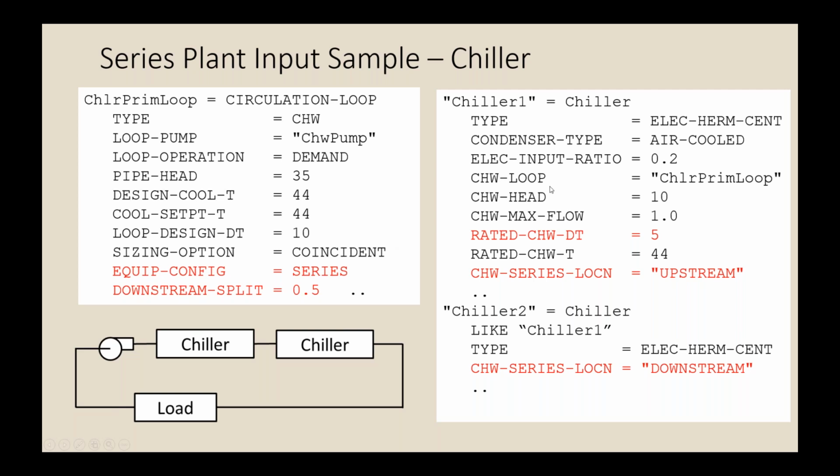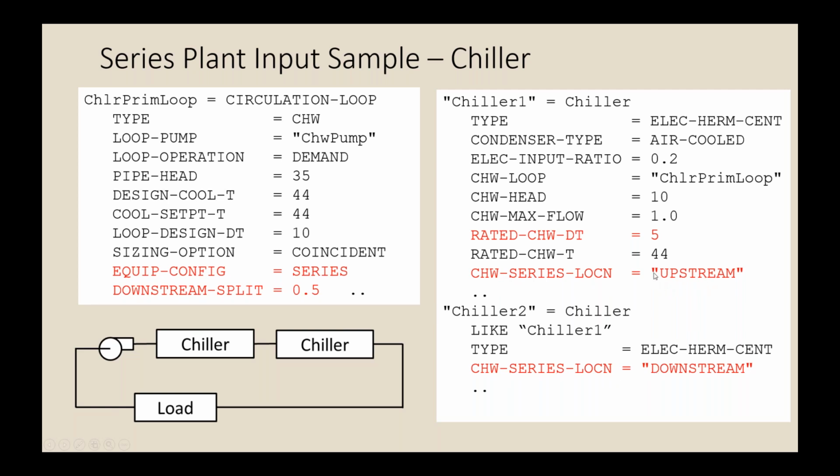Then for each chiller, you specify where it is located. Here I have a case where there's one upstream chiller and one downstream chiller. So for chiller 1, I have the chilled water series location as upstream, and the other is downstream.